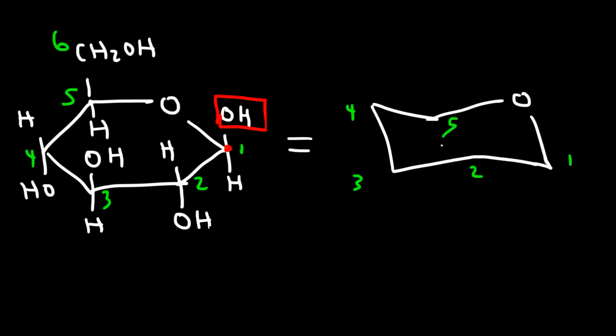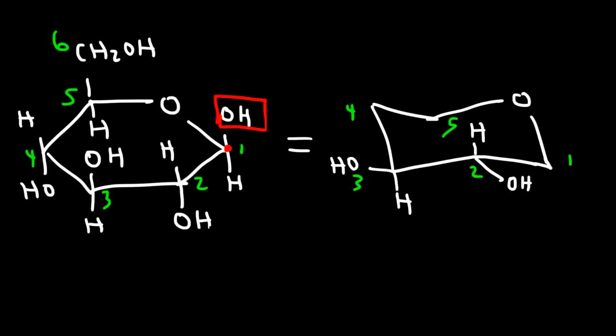So at carbon 2, we have an H in the upward direction, so it's going to be in the axial position, and the OH in the downward direction, so it's in the equatorial position, which is slightly down. And on carbon 3, the H is going to be in the downward axial position, and the OH will be slightly up in the equatorial position.